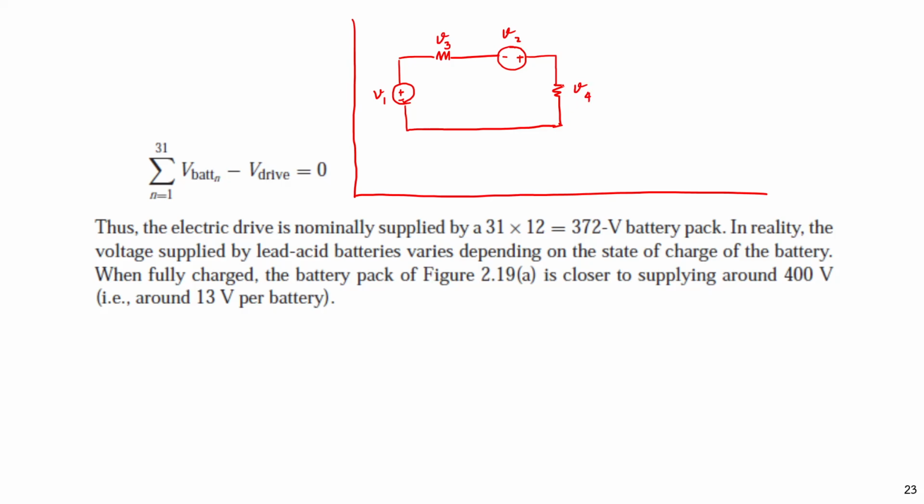So we specify the polarity of the equipment. For the source, the current will flow out. Remember that for the source, the current will flow out from the positive side. Okay.